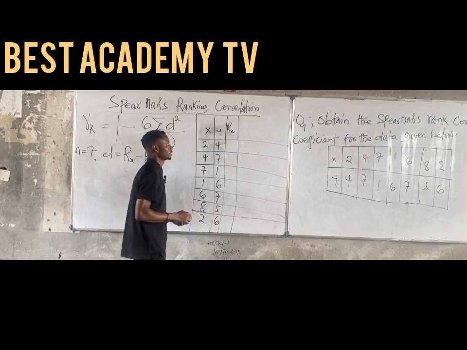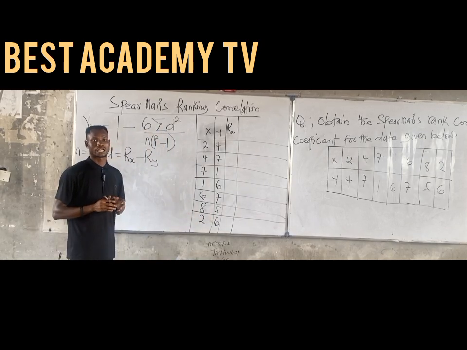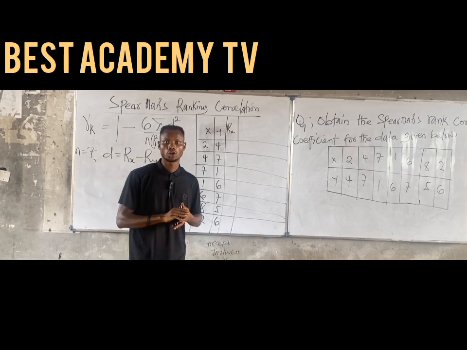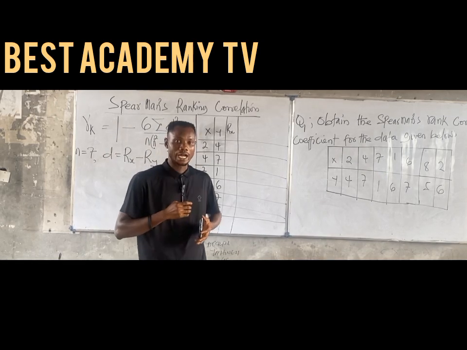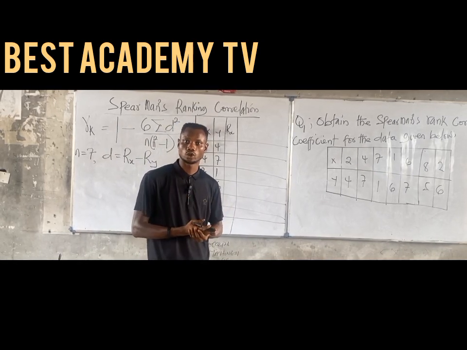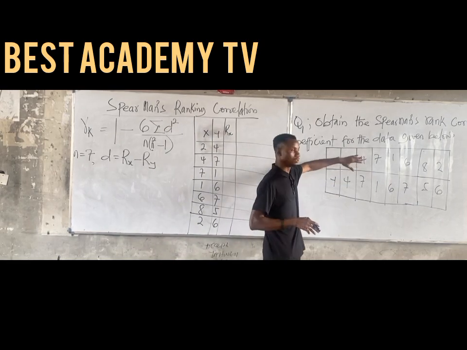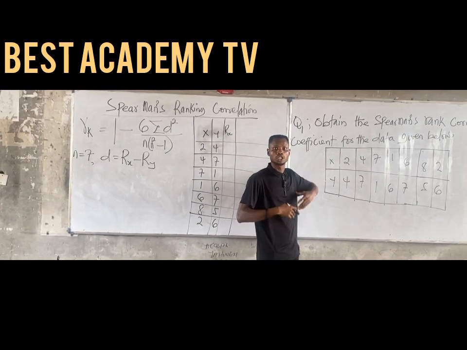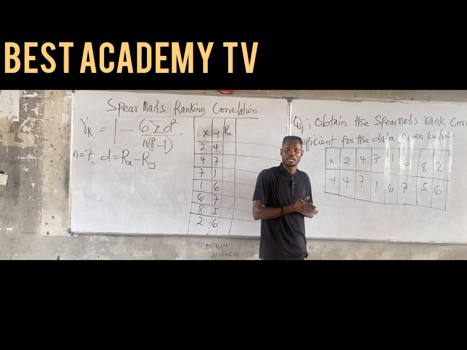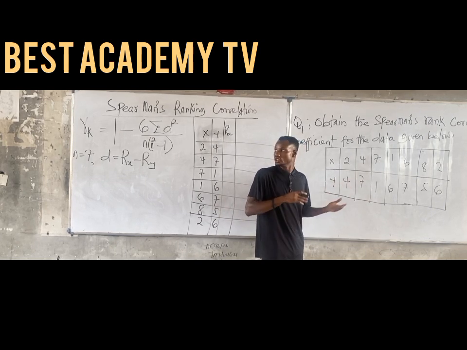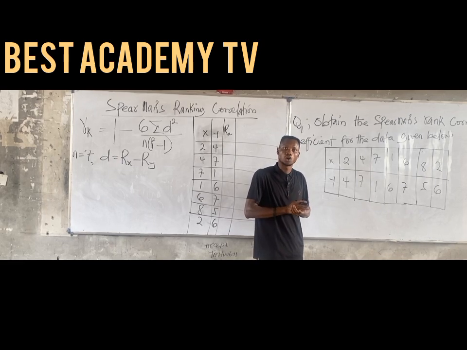Now the next thing here is to find the rank of x. Remember, the ranking of x can either be in ascending order or descending order. How do we know which to use? I have to go back to the main table to know the list arrangement, meaning how the values are arranged in the table. Is it ascending or descending?